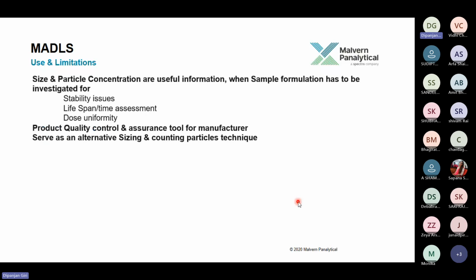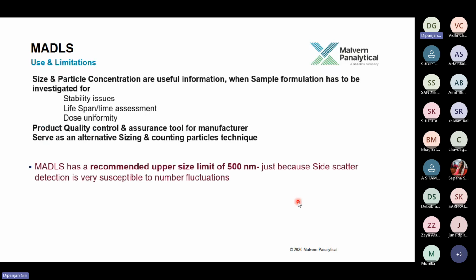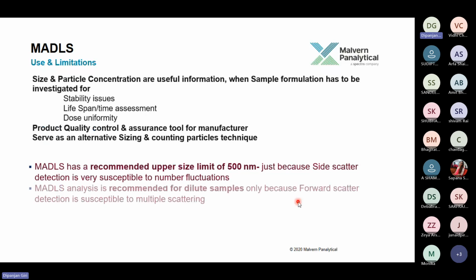It serves as an alternative sizing and counting particle technique. Usually there is a recommended upper size limit of 500 nanometer, just because forward scatter detection is very susceptible to number fluctuations, and MATLAB is always recommended for dilute samples only, right?